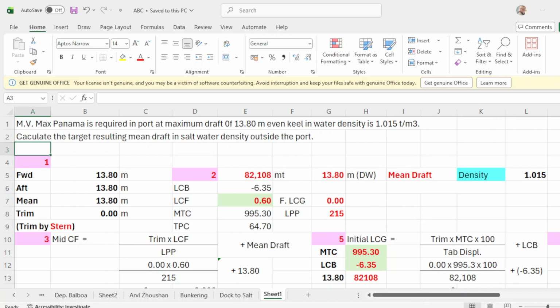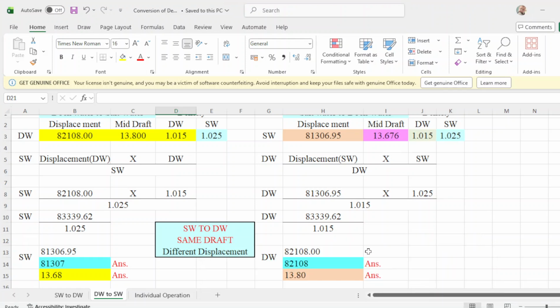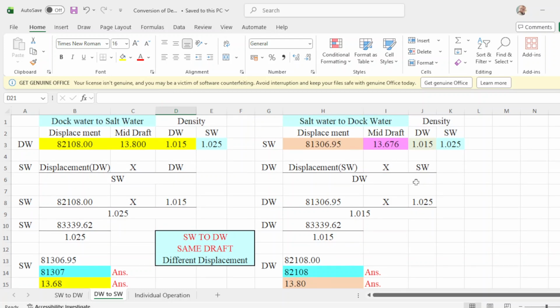Okay, now to make things easier, I just apply this conversion. Conversion of density. So this will be from dock water to salt water, and this one is from salt water to dock water, meaning from his arrival draft here, what will be his draft at the open sea?